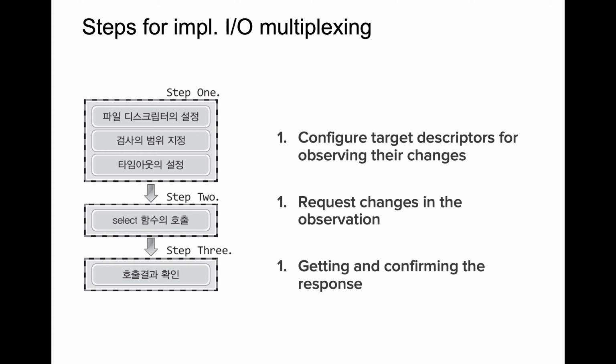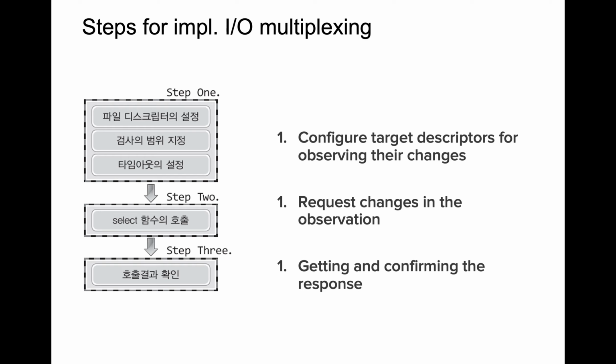Support of multiple clients by a single process can be achieved by first configuring the file descriptors for observing their change. So basically in step one, we're telling the operating system that I want to listen to changes on these file descriptors.